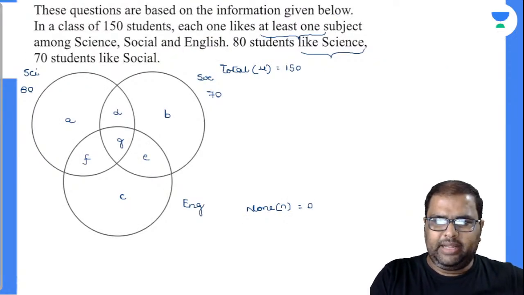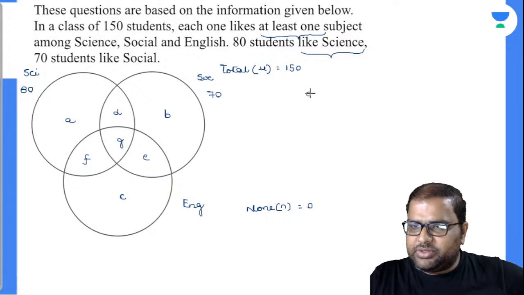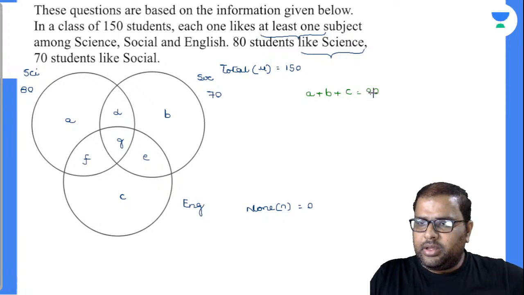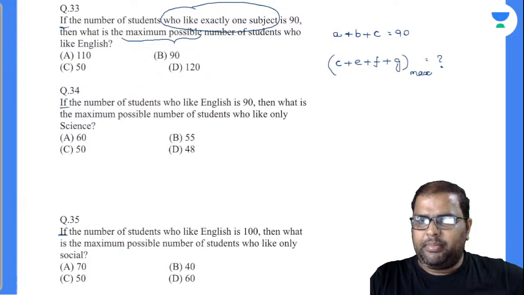I'll write it down because in every question the data has to be changed. The point given in the first question is A plus B plus C is 90, and C plus E plus F plus G is the question asked, and this has to be maximum, maximum possible.